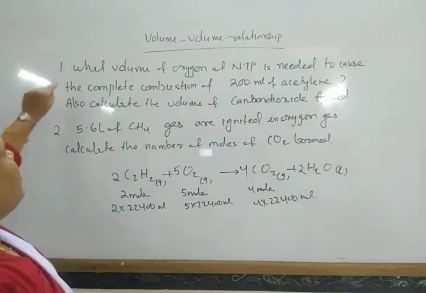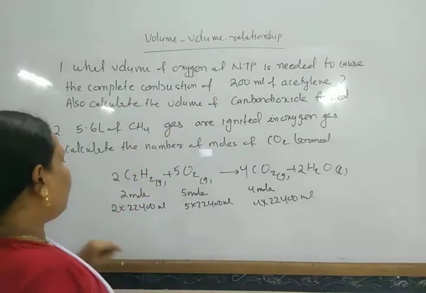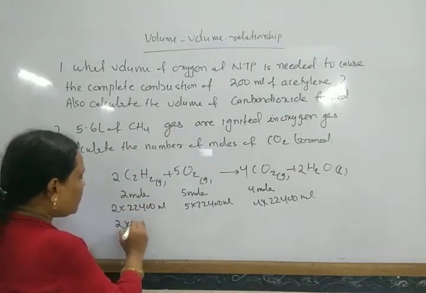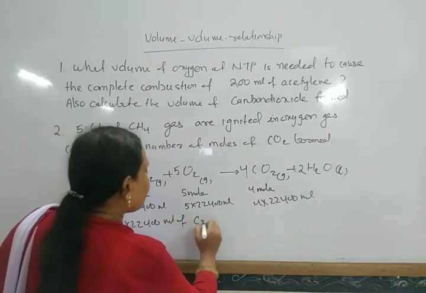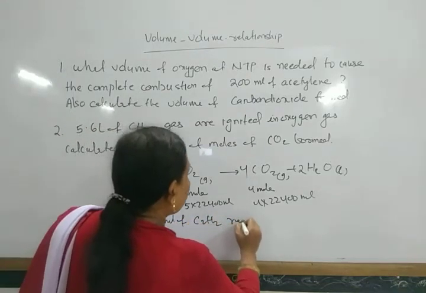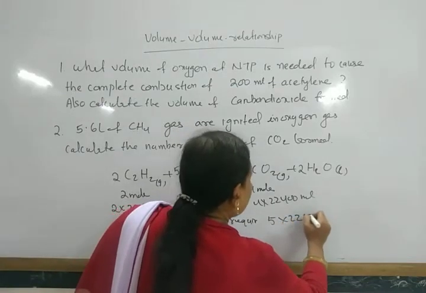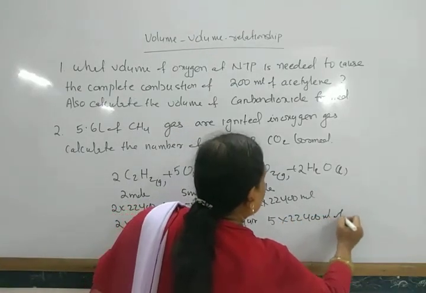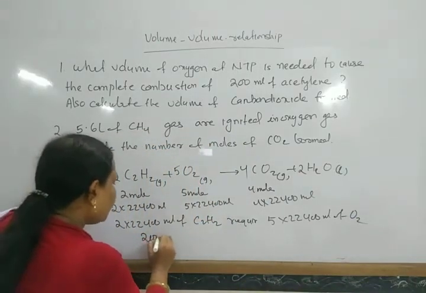So what volume of oxygen is needed? 2 into 22400 ml of acetylene requires 5 into 22,400 ml of oxygen.